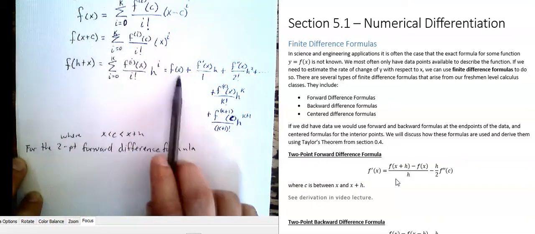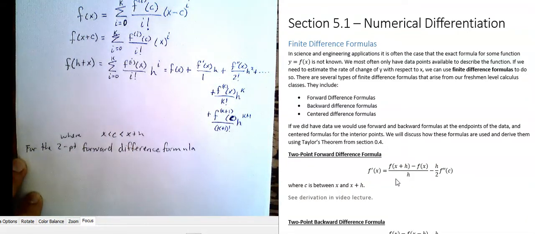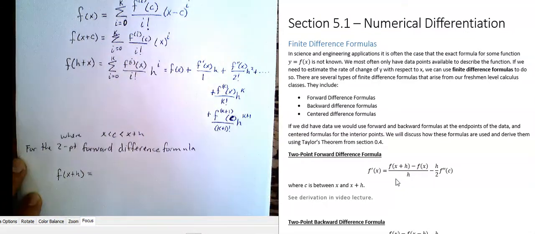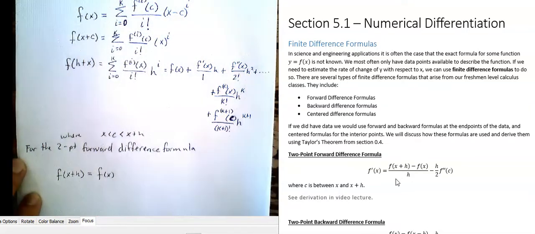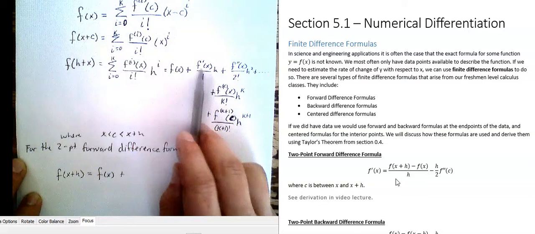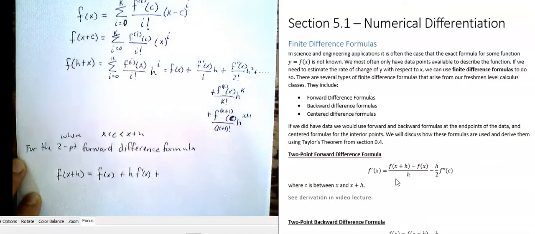So here we're only going to go out to, let's say, two derivatives. So f of x plus h is equal to f of x plus h times f prime, plus, I'll go one more term.